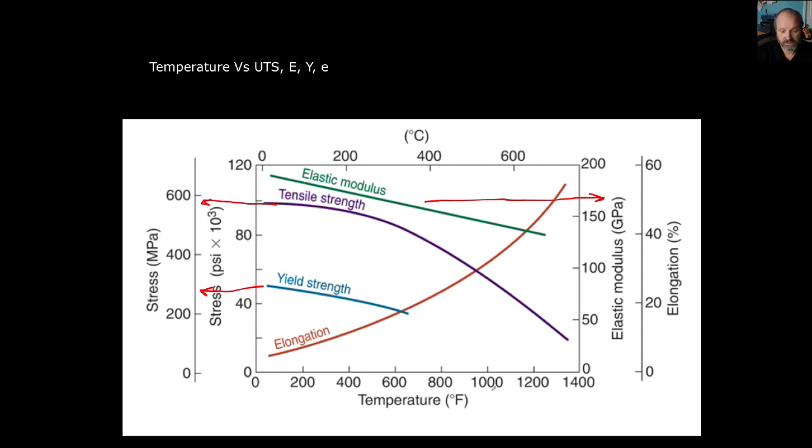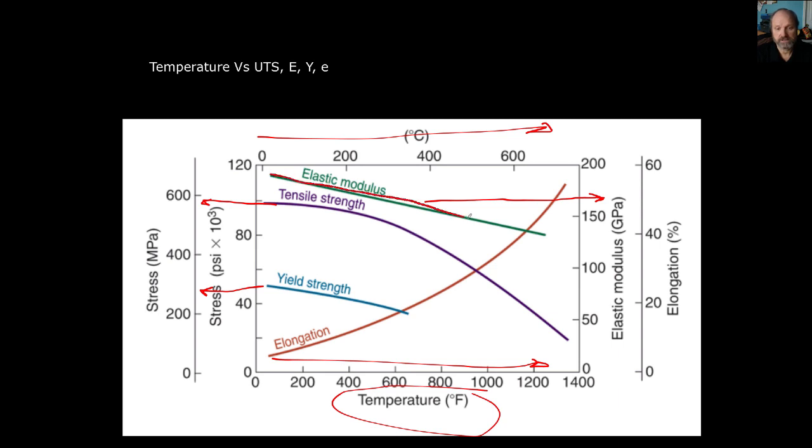So you can see as the temperature increases, either in Fahrenheit or in Celsius, as it goes up, the elastic modulus decreases. And you kind of expect that. Things get a little stretchier. It's easier to stretch. Remember, the elastic modulus is in the elastic region of your stress-strain curve, okay? It's the linear part. It's the part that we get Hooke's law from.